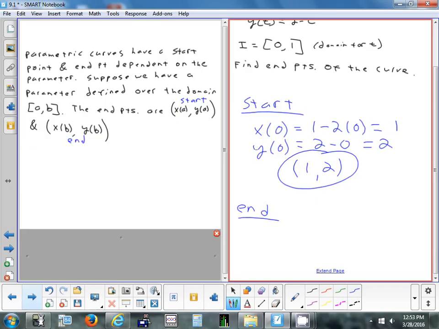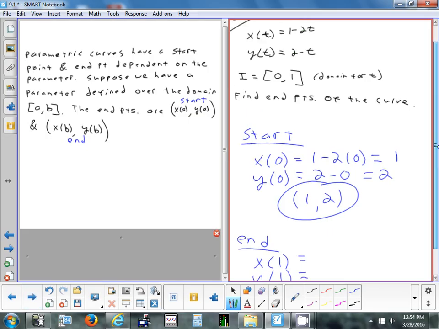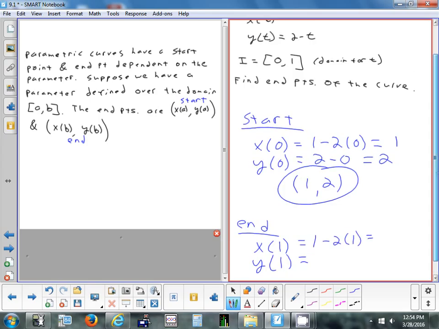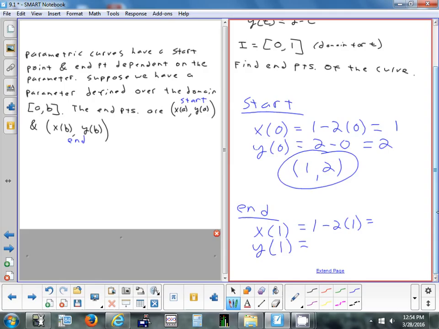Okay, what value in my interval is going to help me figure out where the curve ends? Yep, now you use the 1. Find x of 1, y of 1. Okay, so we got 1 minus 2 times 1 and 2 minus 1.